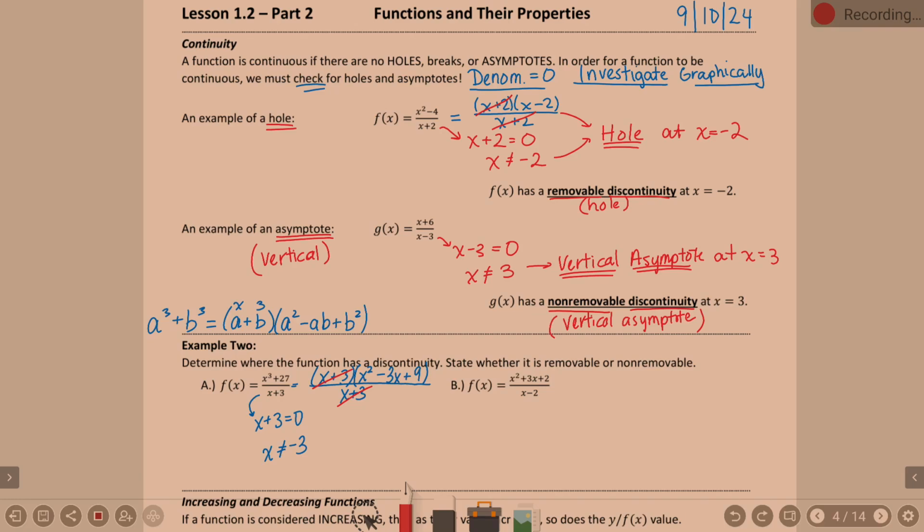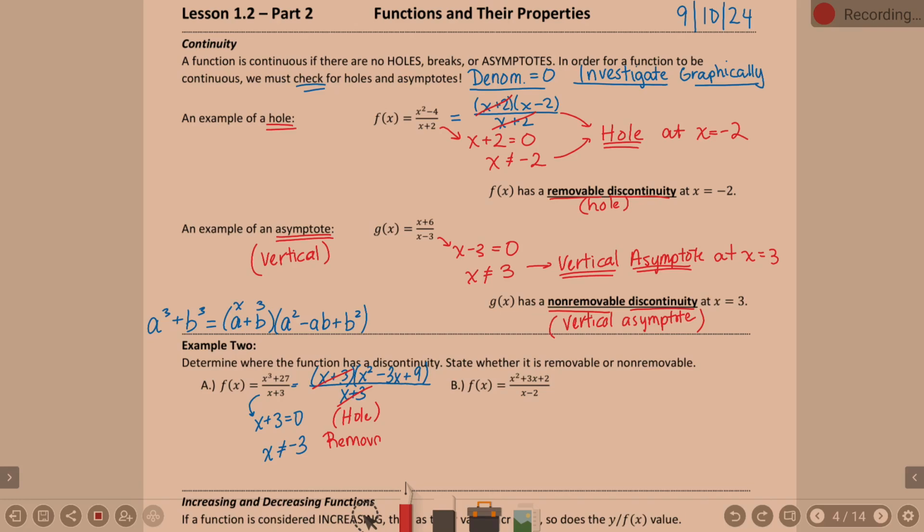So, where does the function have a discontinuity? That's at negative 3. Is it removable or non-removable? Because this canceled and we determined it to be a hole, we have a removable discontinuity at x equals negative 3.